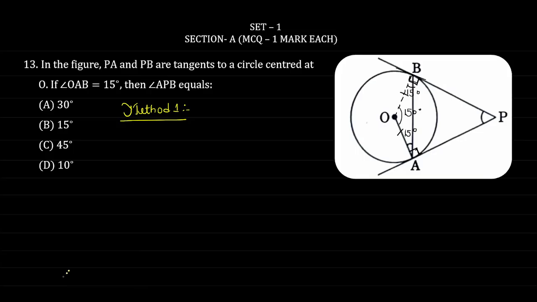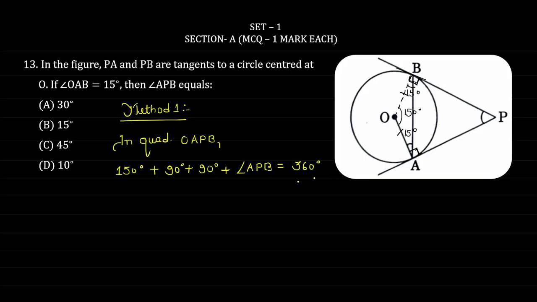So you can consider this quadrilateral OAPB. Angle O is equal to 150 degrees, plus this angle here is 90 degrees, plus this angle OAP is also 90 degrees, plus this angle we have to find out, angle APB, because the sum of interior angles of a quadrilateral is 360 degrees.